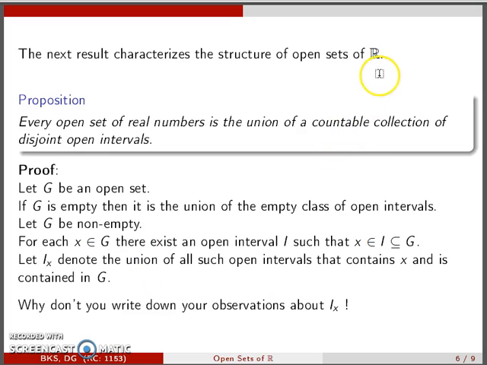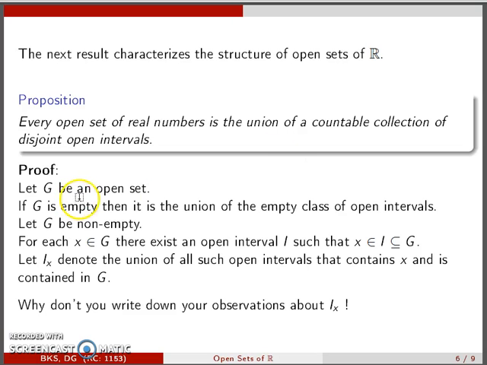But for open sets of R, we have this particular property: every open set of real numbers is the union of a countable collection of disjoint open intervals. So any open set can be written as a countable union of disjoint open intervals.